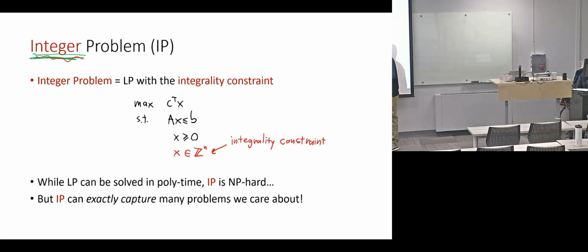By the way, note that when you have an LP, we can solve it in poly time, but an IP, integer program, is NP-hard. It's actually easy to prove, because you can use it to model problems like 3SAT. You can try this at home.